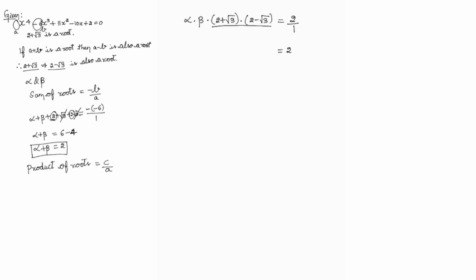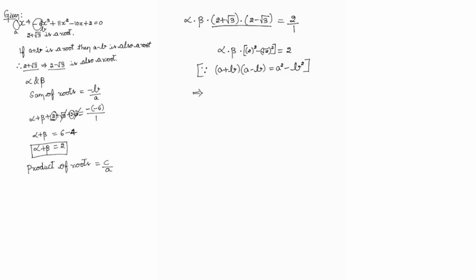On left hand side, this 2 plus root 3 into 2 minus root 3 looks like a plus b into a minus b. So according to the formula, we know that a plus b into a minus b equal to a square minus b square. Let's apply that for this equation, which will further be alpha into beta into 2 square minus root 3 whole square.